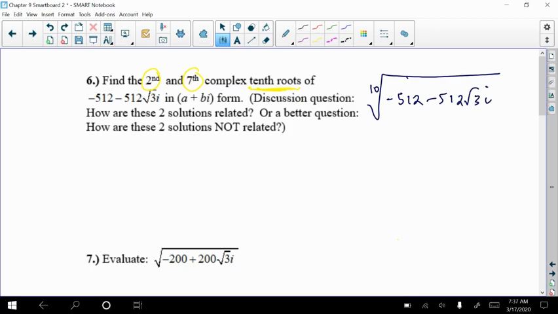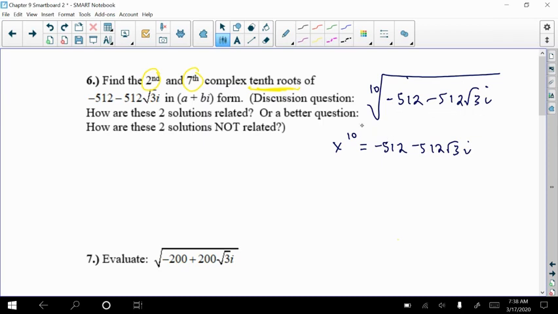But another way, perhaps a better way, is to think about there's some number that when I raise it to the 10th power, it's going to equal negative 512 minus 512 root 3i. I like this perspective better because now I know I'm going to get 10 solutions, whereas what I first wrote assumes I just want the first one.